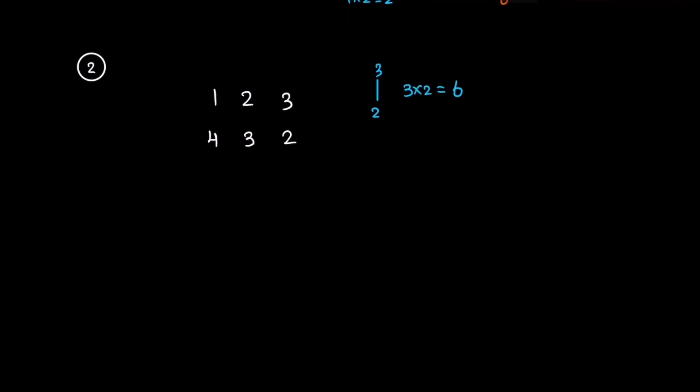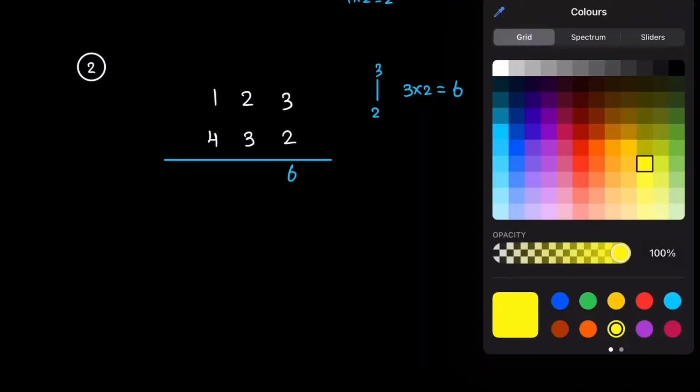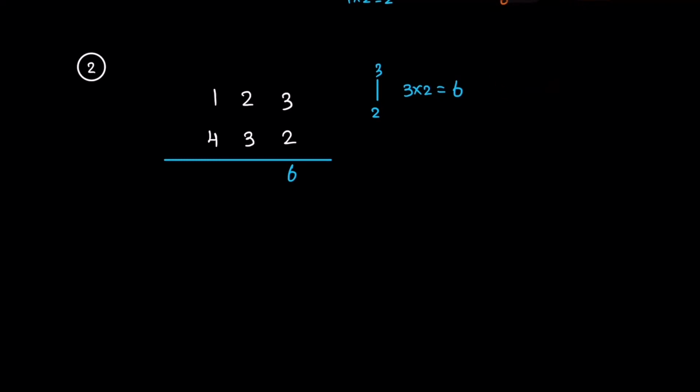There is no carry, so placing directly. Next one is double. 2, 3, then 3, 2. So 2 times 2, that is 4, and 3 times 3, that is 9. So just combine, it's 13. So 13, the unit place is placed directly, then the remaining number is a carry.